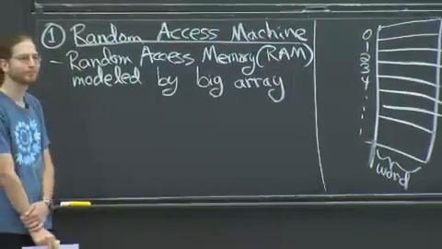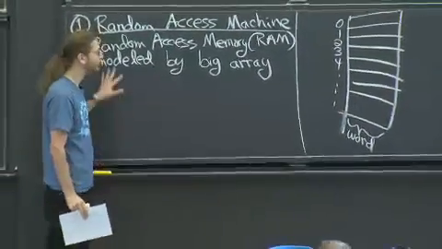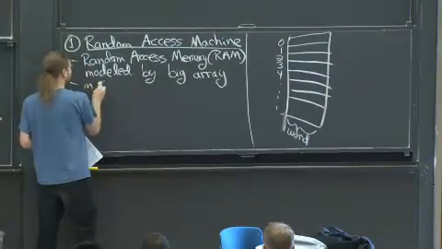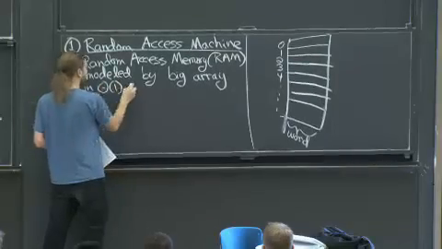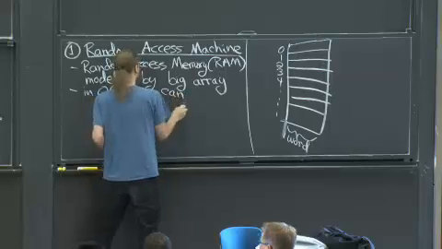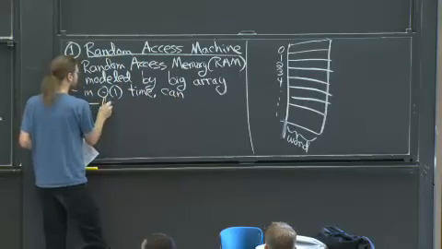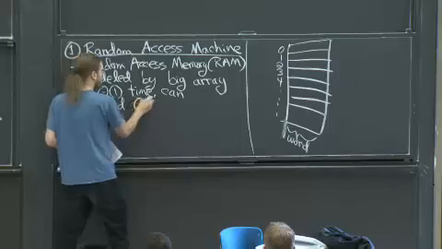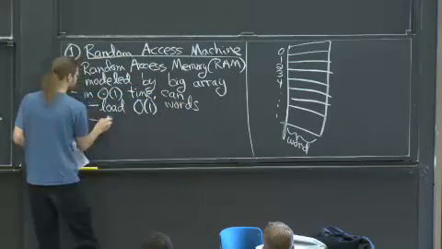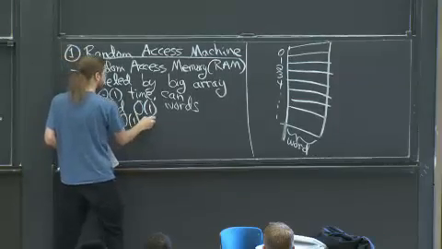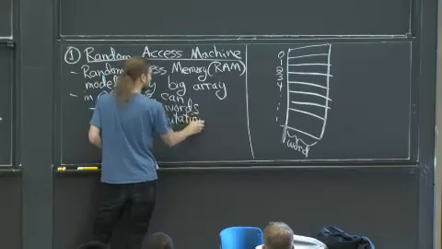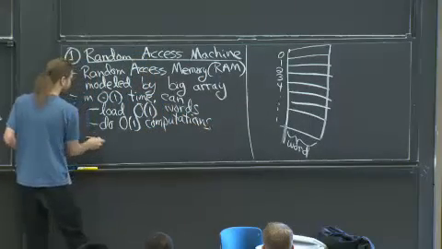So that's basically it. Okay, now this is the memory side of things. How do we actually compute with it? It's very simple. We just say, in constant time, an algorithm can basically read in or load a constant number of words from memory, do a constant number of computations on them, and then write them out.